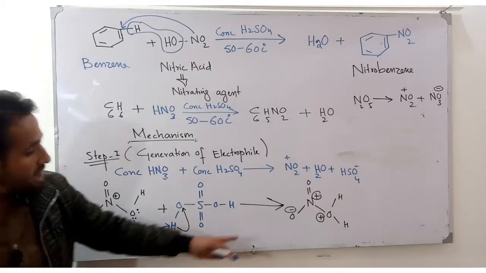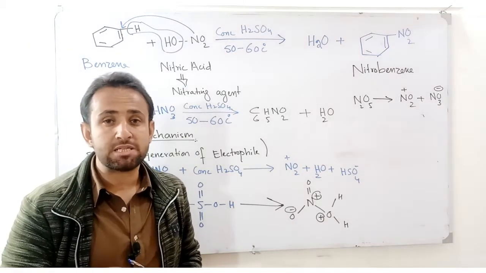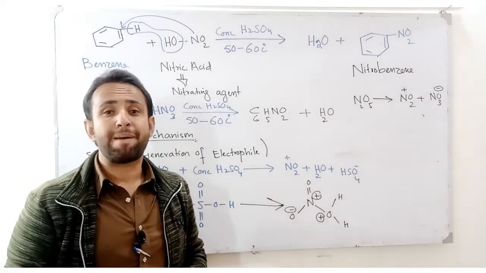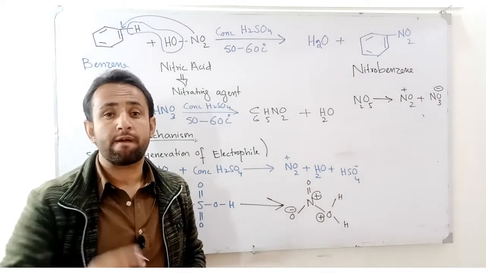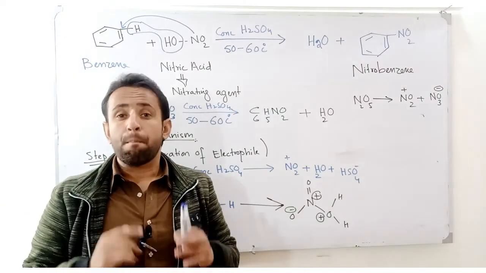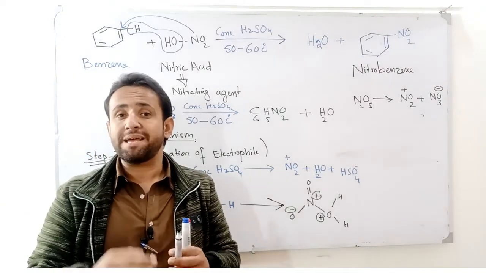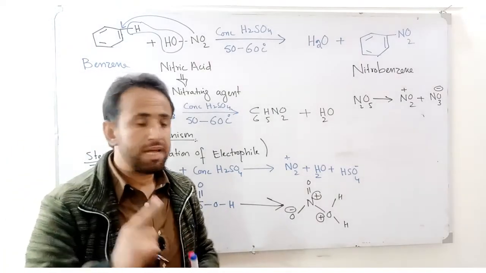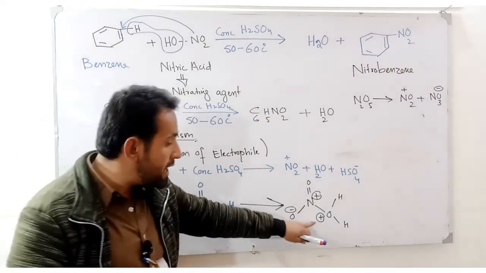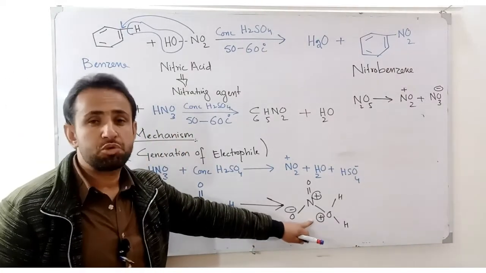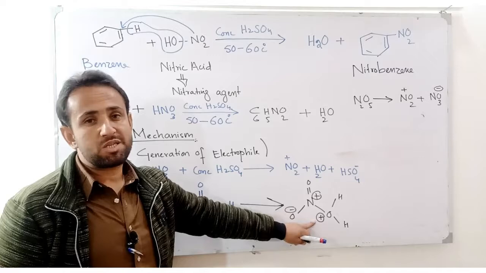Why does the positive charge come? Because oxygen has formed its third bond by the help of its lone pair. Whenever oxygen forms its third bond by the help of its lone pair, a positive charge comes on it. Similarly, this is the case with this oxygen atom, therefore a positive charge comes on it.